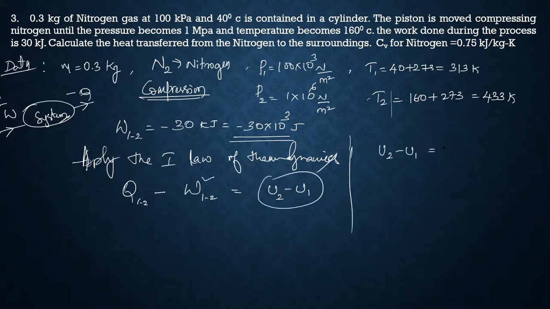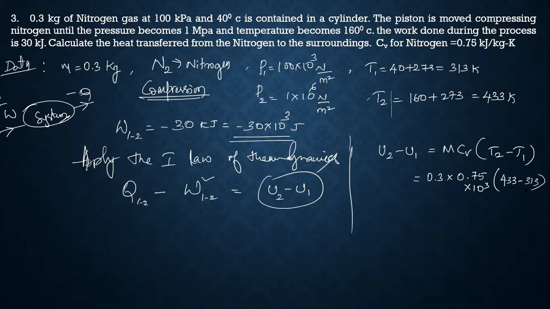U2 minus U1 is equal to m CV into T2 minus T1. Internal energy is always linked with the specific heat at constant volume. M is 0.3, CV is 0.75 into 10 to the power of 3, temperature is 433 minus 313.